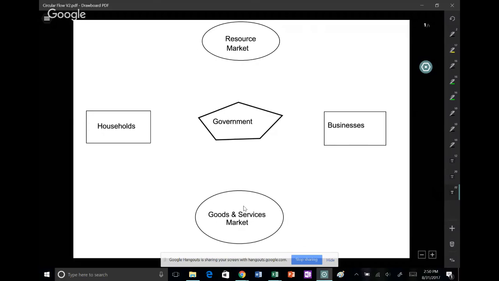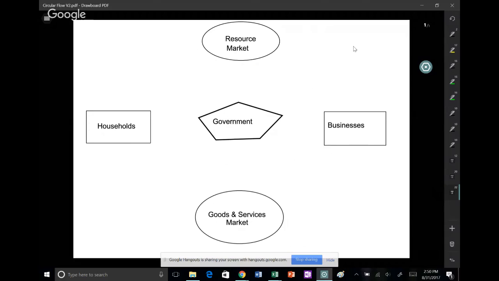Now, the goods and services market, the roles are reversed. Definition is this is where businesses and households trade goods and services in exchange for revenue. Businesses are the main producers and sellers of goods and services, and they make them available for sale in the goods and services market, and households buy and consume them. So households are on the demand side of the goods and services market, and businesses are on the supply side.